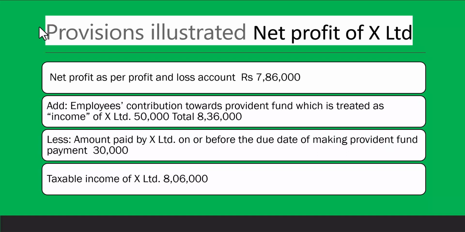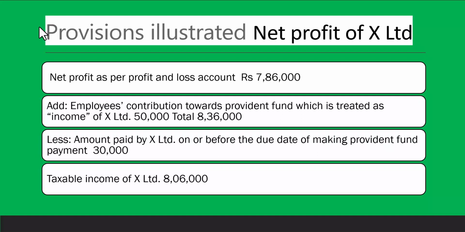Yes, sir. So suppose you have deducted some money from the employee, which is basically his contribution towards the provident fund, and you have not deposited it with the provident fund account of the employee, then that will be added to your income.